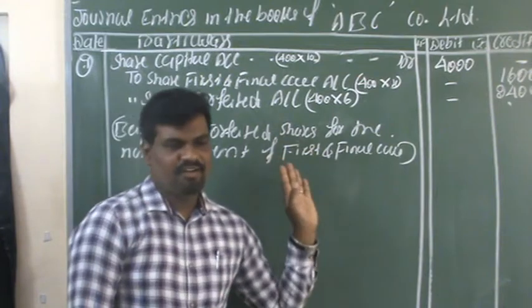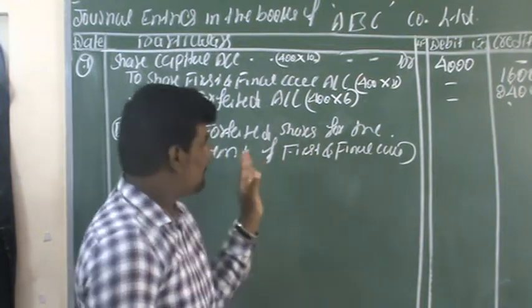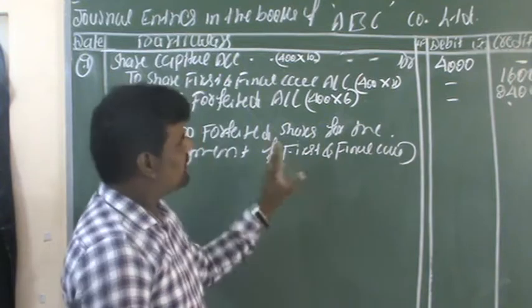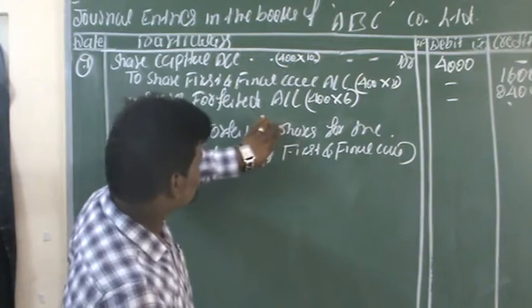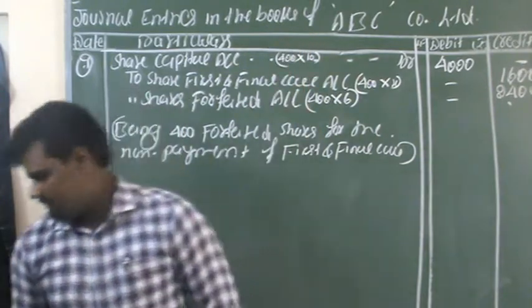At the time of first and final call, the amount was not received. That's why these 400 shares were forfeited. Is it clear? This is the narration for this transaction.